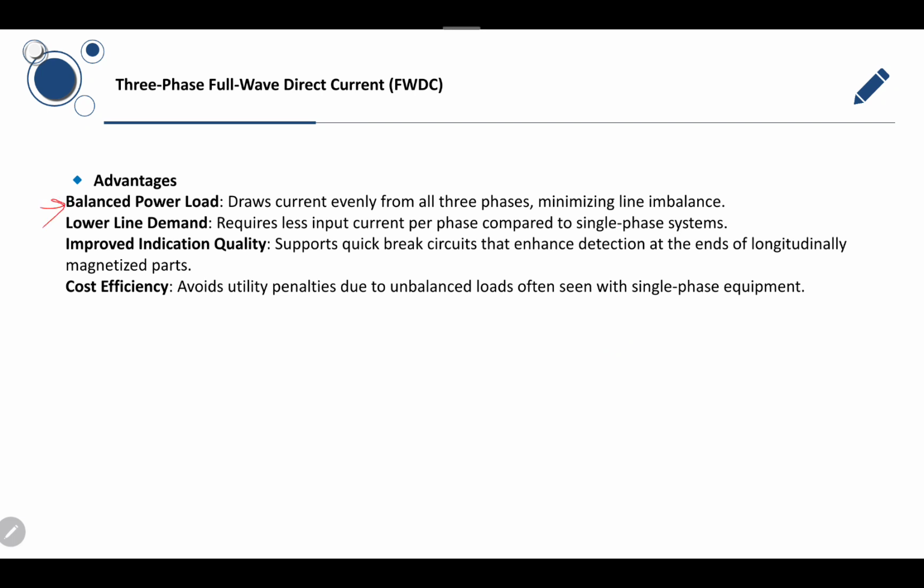It draws current evenly from all three phases, which minimizes imbalance on the power line. Next is lower line demand. It requires less input current per phase compared to single phase systems. This is important for industrial settings to avoid overloading circuits.